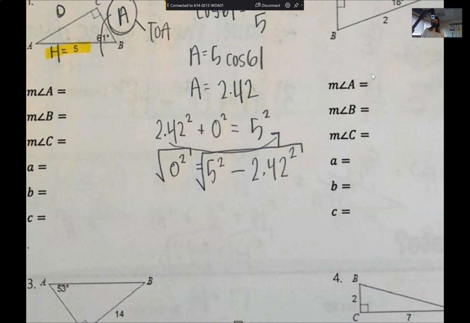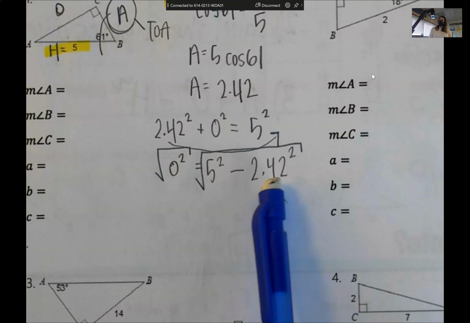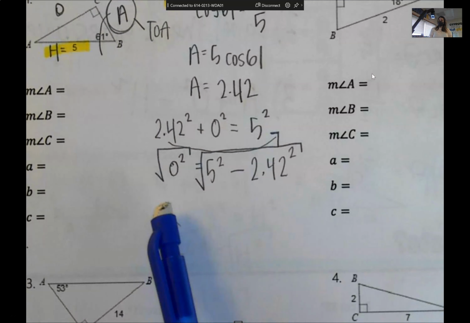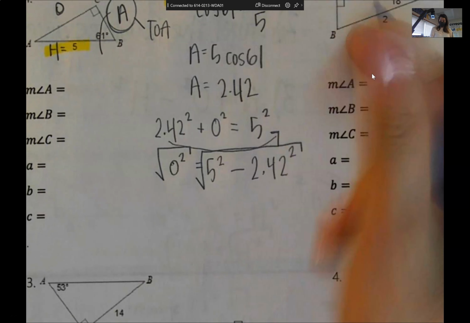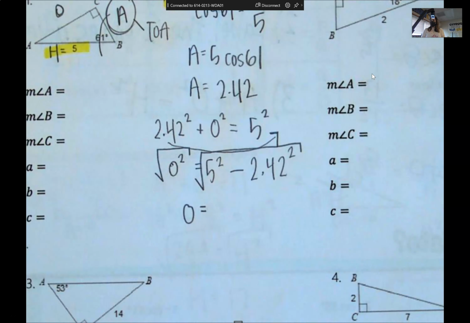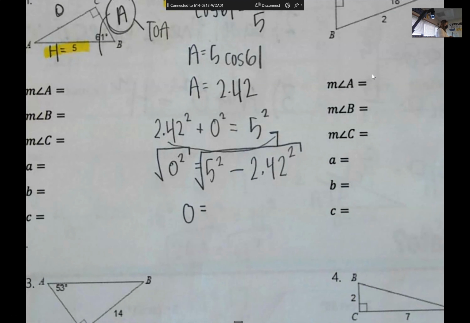So I'm going to type into Desmos the root 5 squared minus 2.42 squared. So you guys type that in just to verify your rounding.